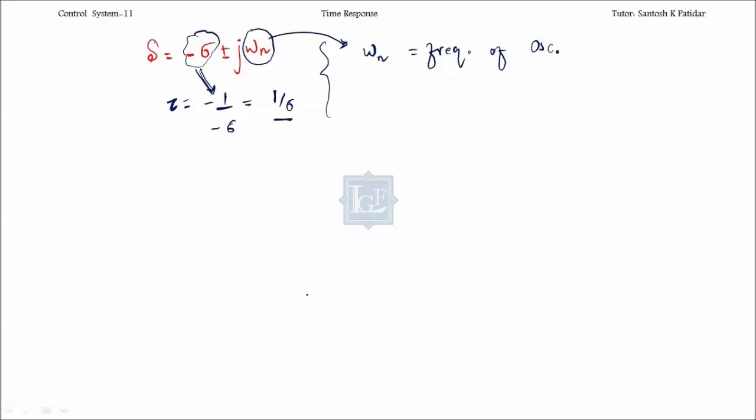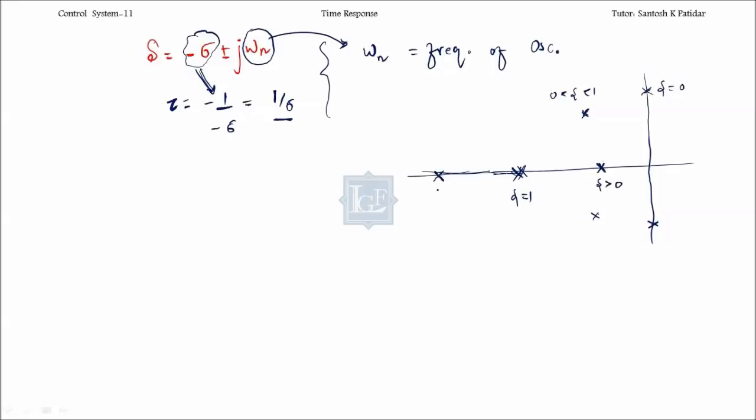Let's take this diagram over here. I'm drawing it for you. This is the zeta equal to 0 condition, marginal stability. Over here we got the underdamped system, the case of zeta from 0 to 1. This is the case of zeta equal to 1, and for the overdamped system we got two poles, one near to the imaginary axis and one away from the imaginary axis.